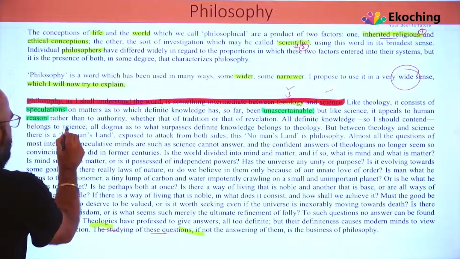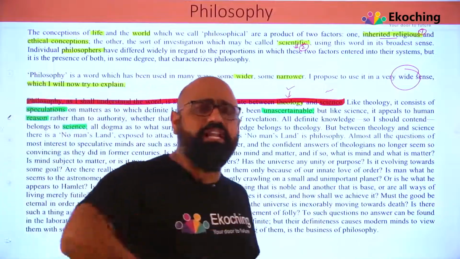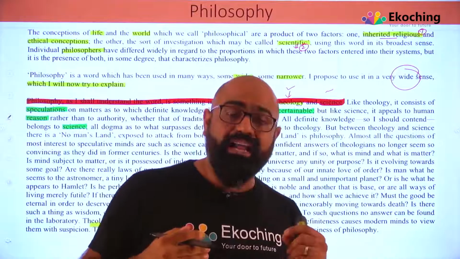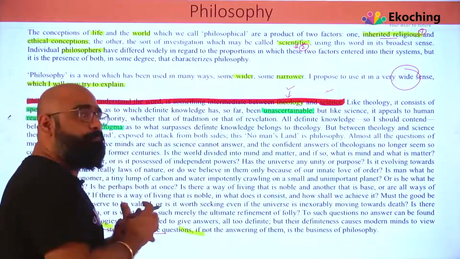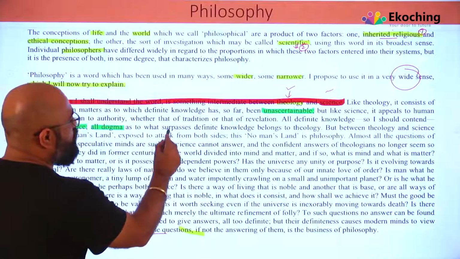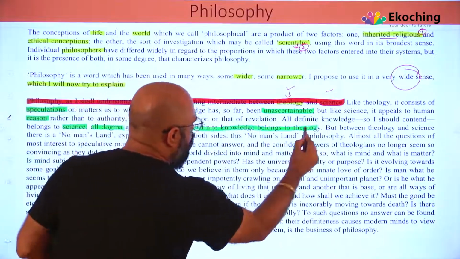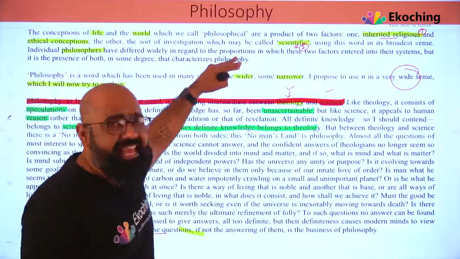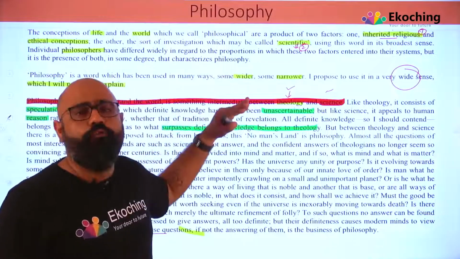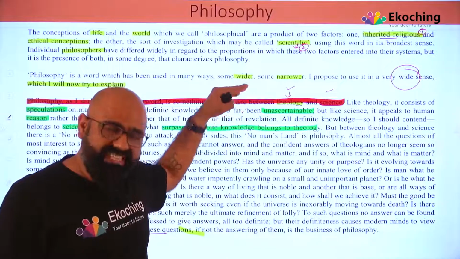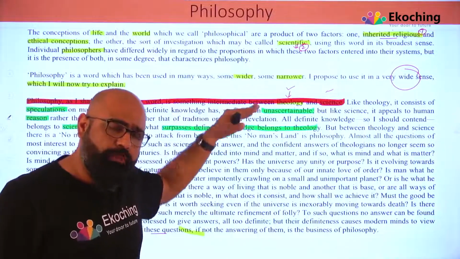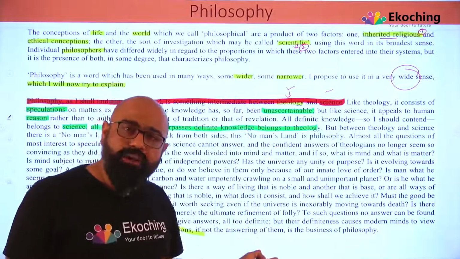What is he saying now? Whatever definite knowledge there is, if credit is to be given, it should go to science, not philosophy. All dogmas, meaning old beliefs, all dogmas that surpass this definite knowledge belong to theology. He is again reiterating what he has written before, the conclusion which he has given. He has given some conclusion at the top, and now he is giving the premise for it.